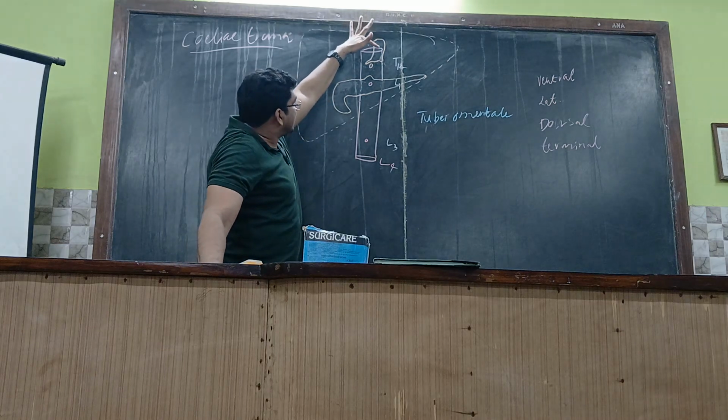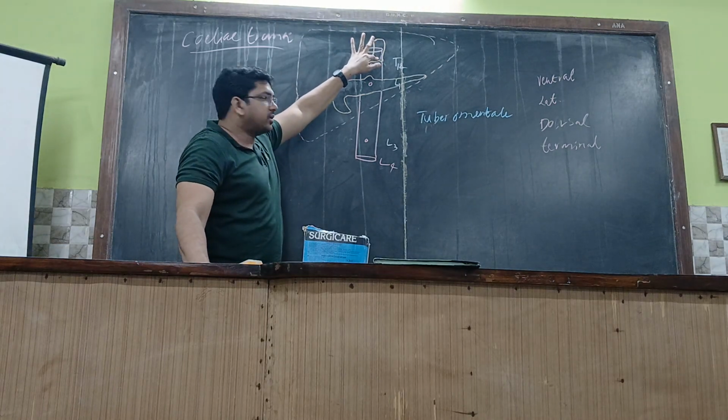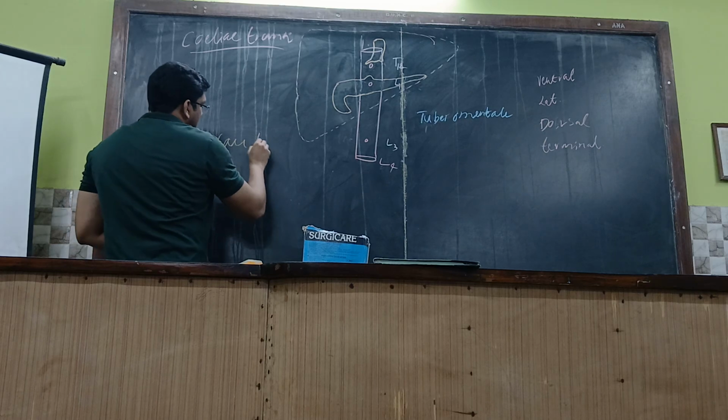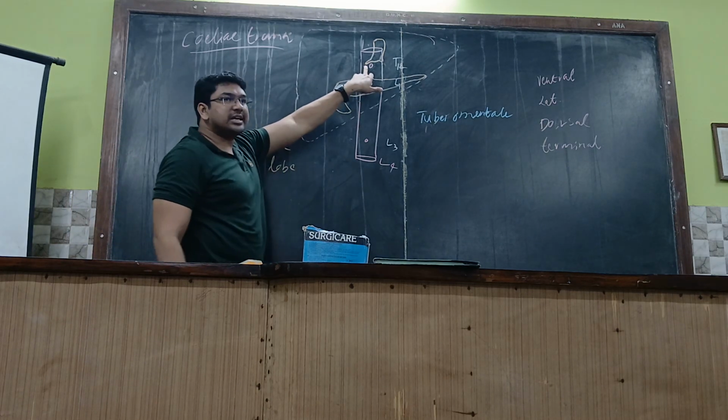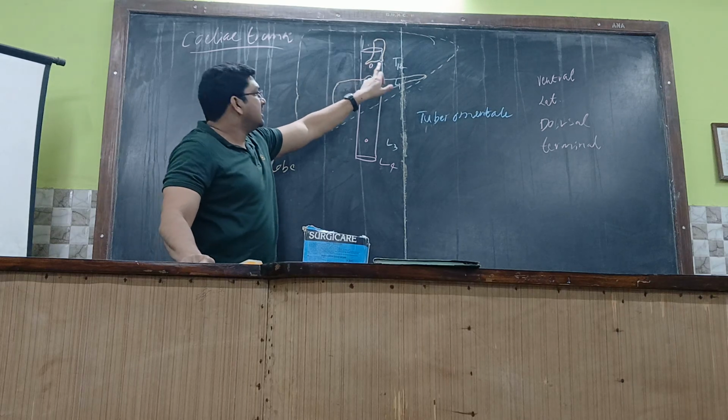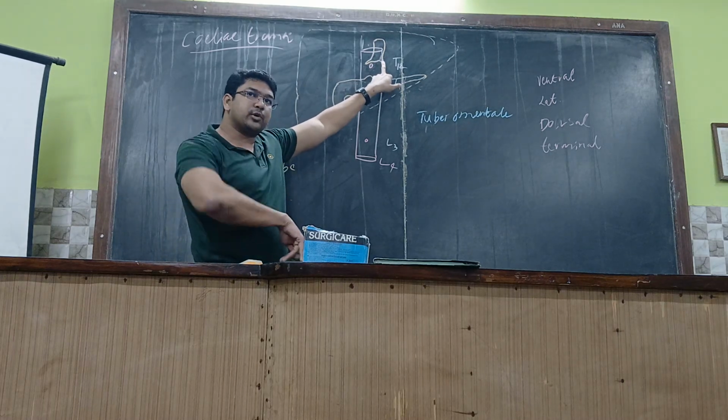Okay, towards the lower aspect of the caudate lobe, this tongue-like projection is nothing but the papillary process. This small projection is nothing but the caudate process.